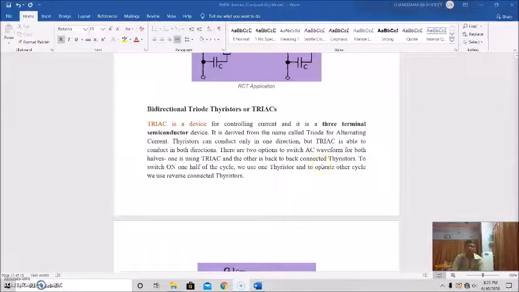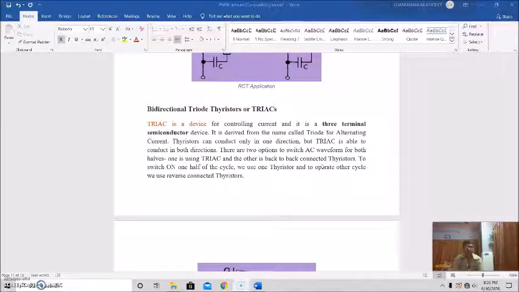Now, bidirectional triode thyristor, or TRIAC. TRIAC is a device for controlling current, and it is a three-terminal semiconductor device. It is derived from the name: triode TRI and alternating current AC.